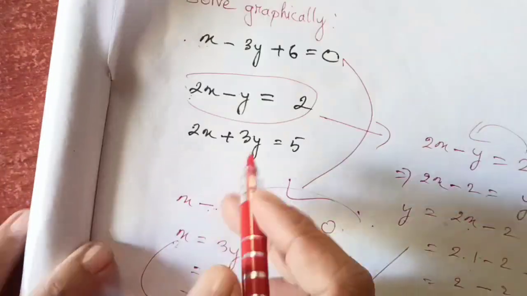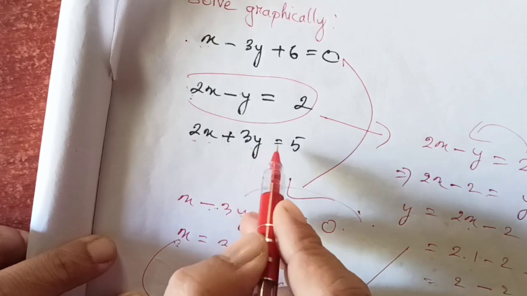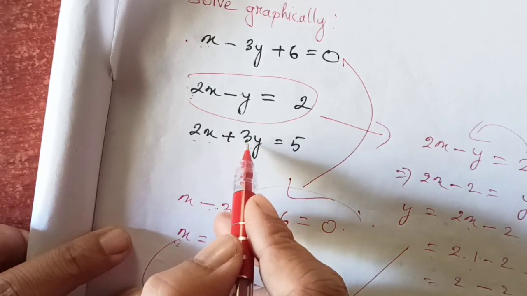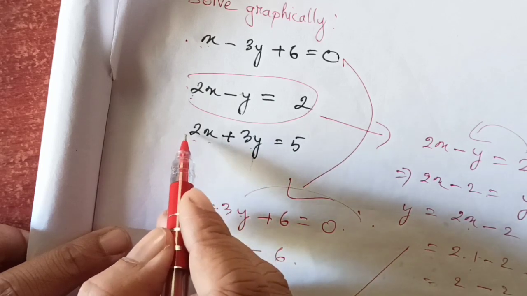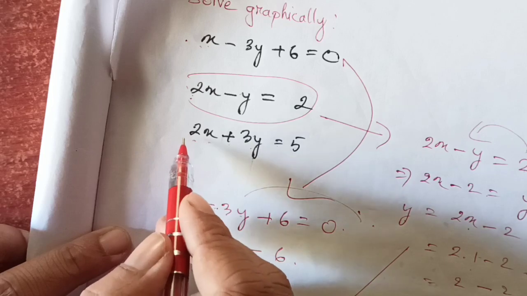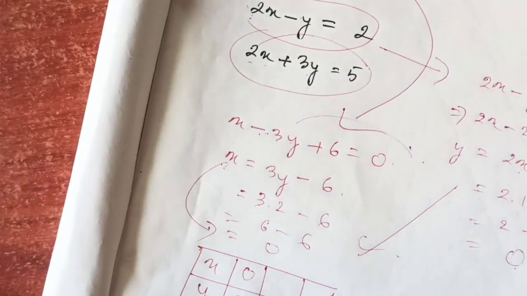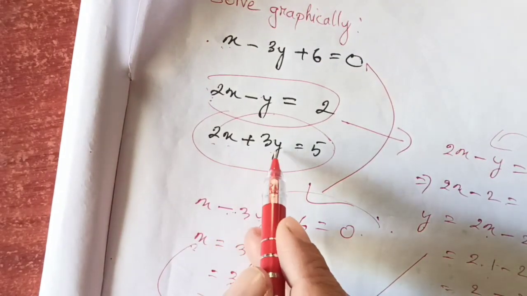Okay, so this is the second type of equation. Next is the third type: 2x plus 3y equal to 5. Now y is not alone, it lies together with 3. Here x is also not alone, it stays together with 2. For such a type of equation, how do we do it? Look at the variable property.